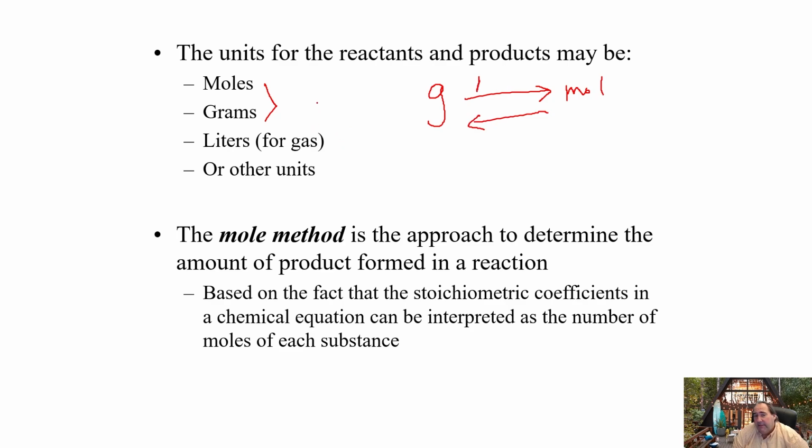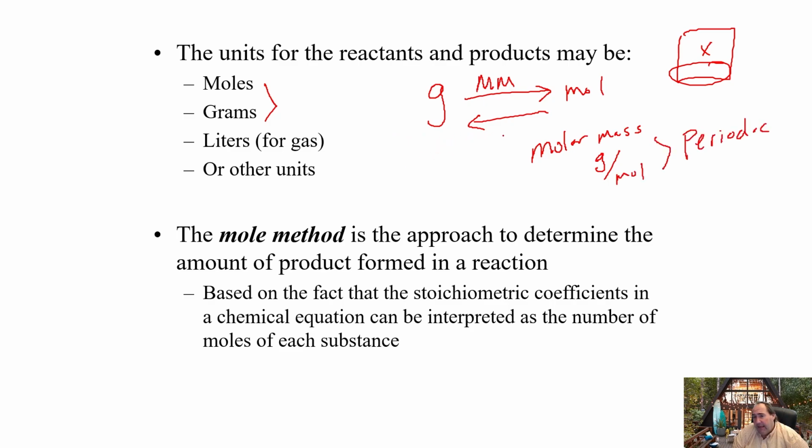Remember that it is the molar mass that we get from the periodic table that's our conversion factor to do that. So we use the molar mass a lot in stoichiometry problems, and again, that's our grams per mole, which we get from our periodic table. We're going to tie together a lot of previous chapters, definitely balancing equations, writing equations, and also doing the grams to moles, moles to grams calculation. It's very prevalent in stoichiometry problems.